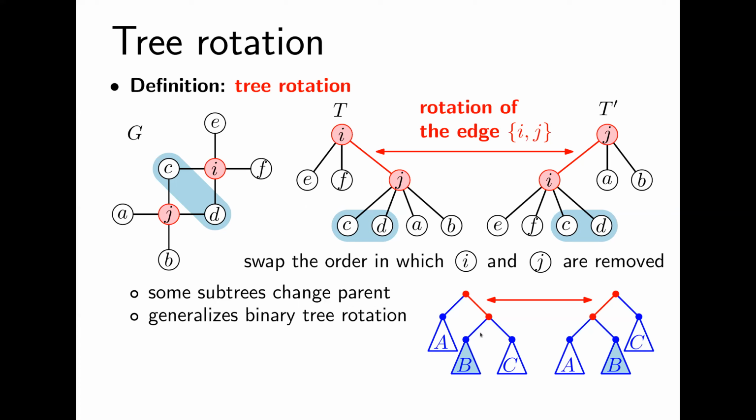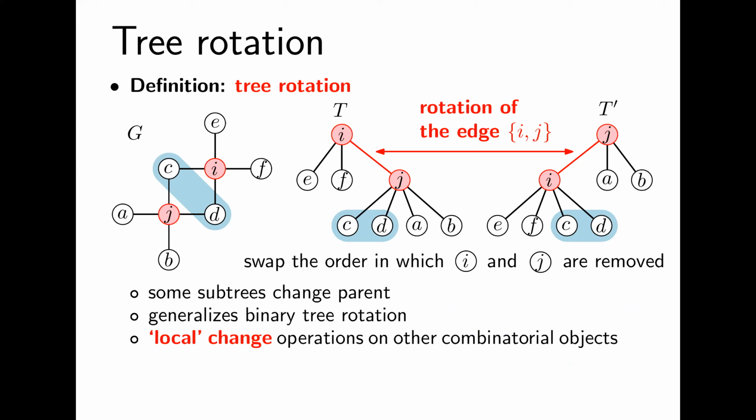So in the classical binary tree rotation, you also have this edge, this red edge that is rotated, and precisely one subtree changes parent, namely this subtree B, which here is attached to this node, which would be J, and here after the rotation it's attached to I, whereas A keeps its parent and C keeps its parent. So in binary tree rotation, precisely one subtree changes parent, and in our case it can be more than one.